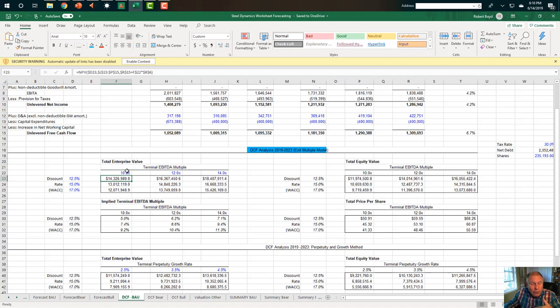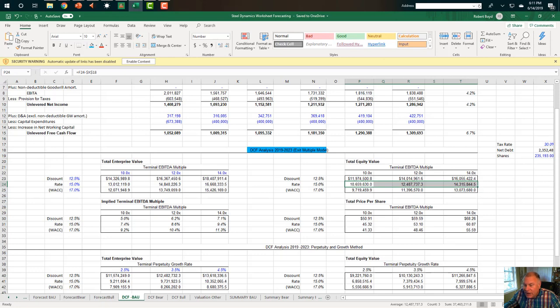Okay, so if you look at that formula, you can see what that is. Then what it does is it tells us what the implied terminal is, what percentage it is. But the ones we're really focusing on here is when we use all of that, this is what the company is worth in totality after we take off the debt.